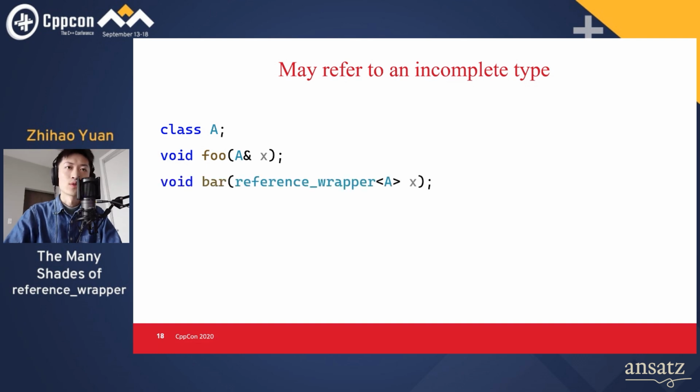You can do the same thing with reference_wrapper as well. This guarantee is provided in C++20. But as far as I know, all standard library implementations guarantee this since C++17.